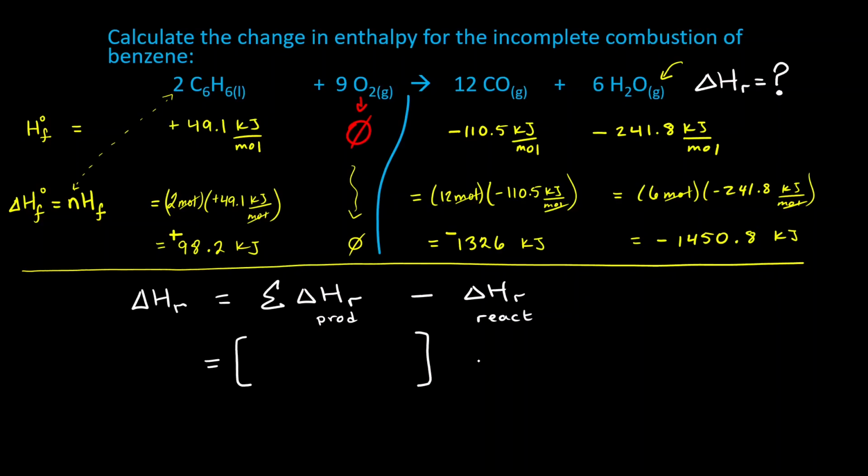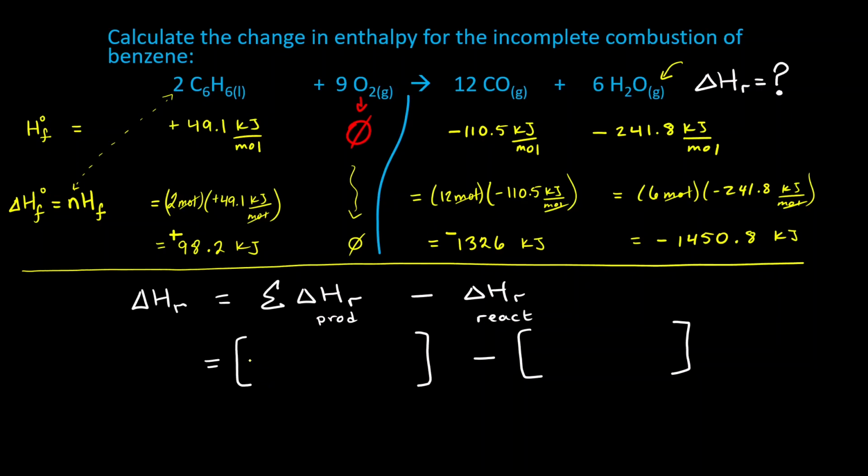Okay, so I'm going to do my products and reactants brackets here. And in my products and reactants brackets, I'm going to add together my enthalpy values. So products, remember, I have two.